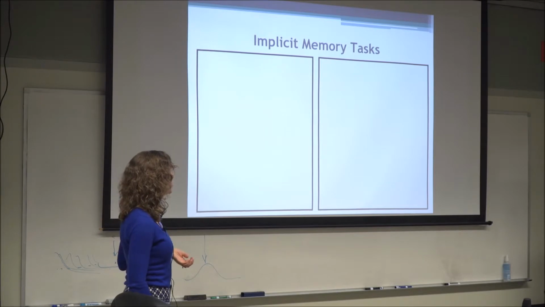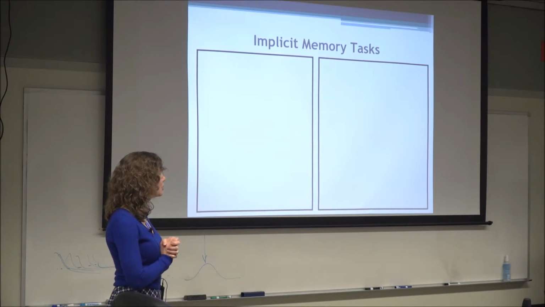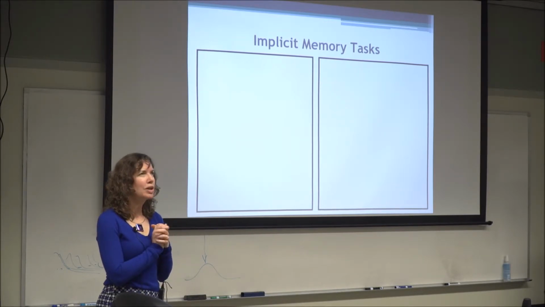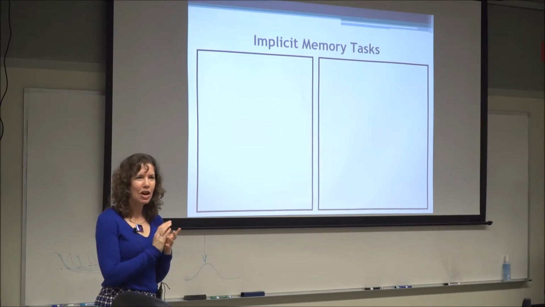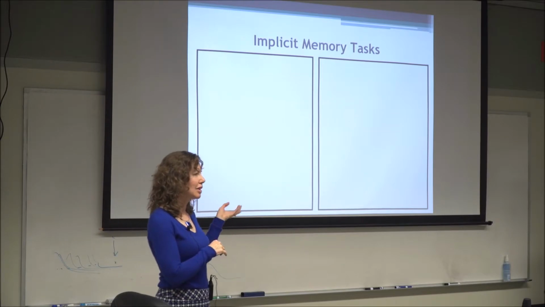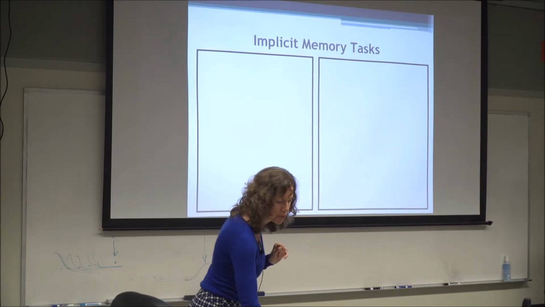So I'm going to show you some words, and I just want you to rate on a scale from 1 to 5 in your mind, with 1 being you don't like and 5 being you like these different words that I'm going to present to you.